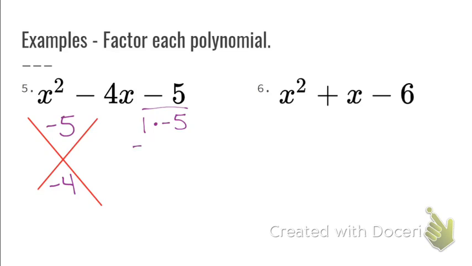Okay, the other option would be negative 1 times 5, but in that case, our bigger factor isn't negative. So hopefully you can see there's just one option here. We don't even really need to make a decision. So x plus 1 times x minus 5.